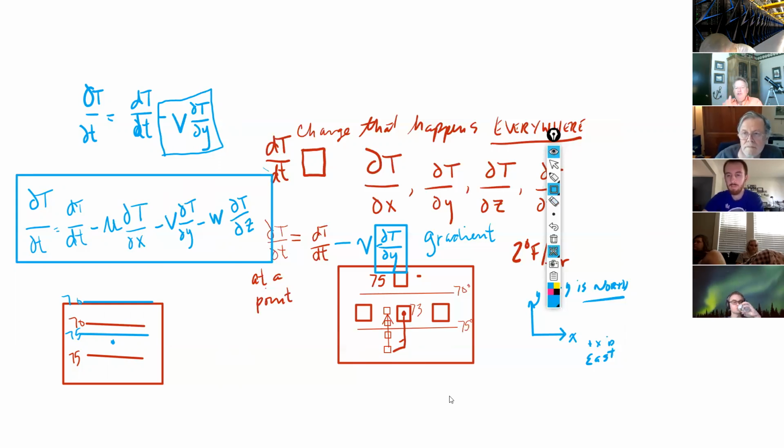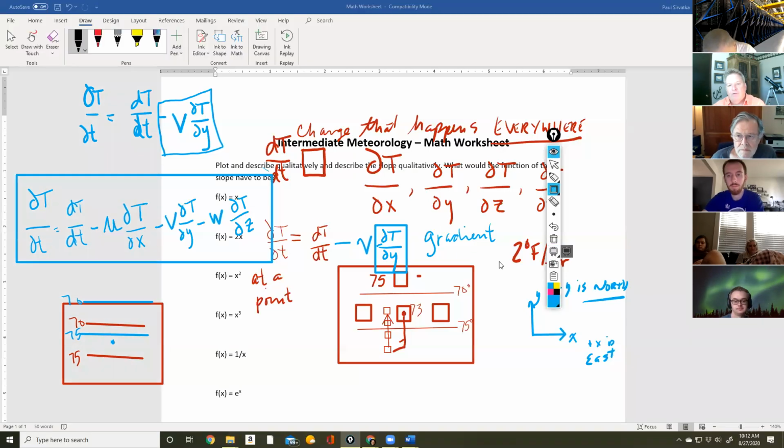As I travel to the north, in this example, it's getting colder. ∂T/∂x is negative. Just like if I go up, most of the time, ∂T/∂z is negative. As I go vertically, the temperature is getting colder. Usually that's the case.